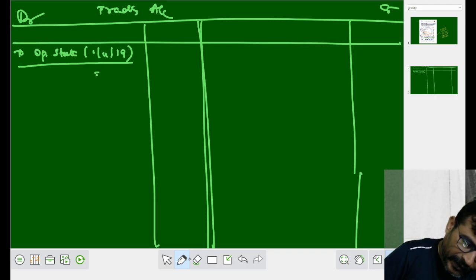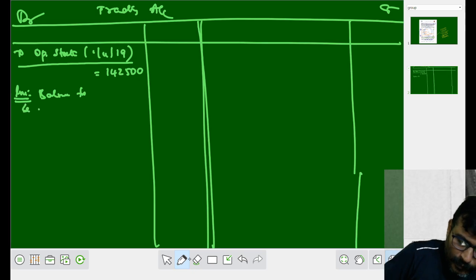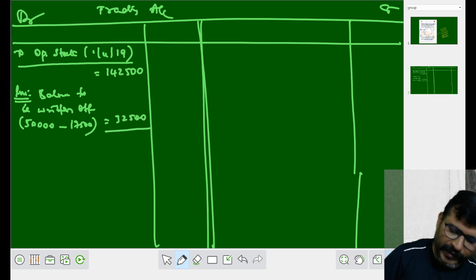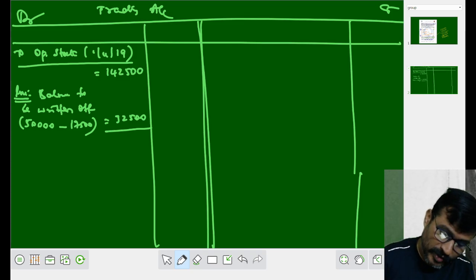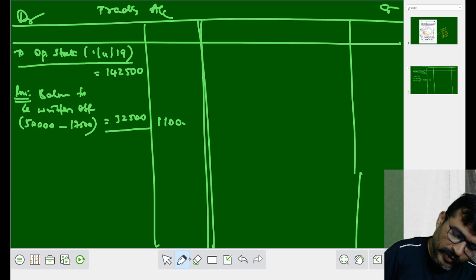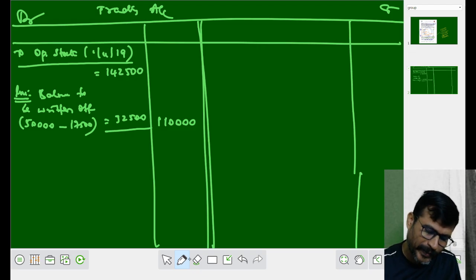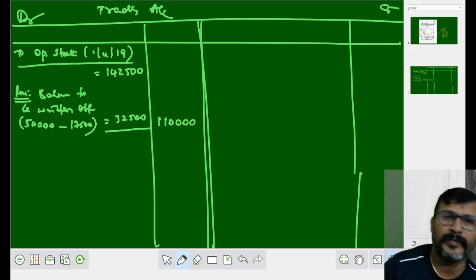You take opening inventory 1,42,500 less balance to be written off. Out of 50,000, 17,500 is subtracted. Now you subtract 32,500. Now your answer for opening stock will be 1,10,000 rupees. I hope you got it. Opening stock 1,42,500, balance to be written off 32,500, 1,10,000 is your answer.